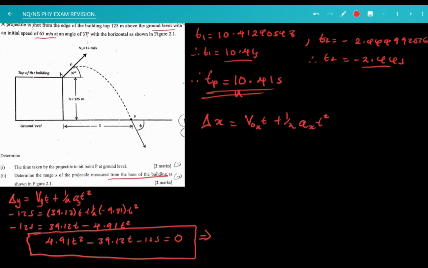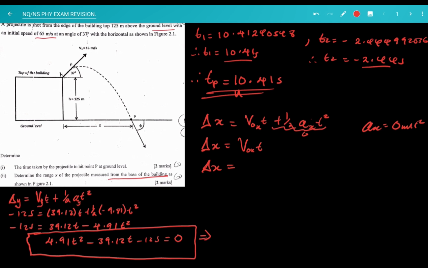Now, acceleration in the x, we know there is no acceleration, so it's 0 meters per second squared. So the range, which is delta x, will just be the velocity in the x times the time it takes to reach that particular distance where the range is.